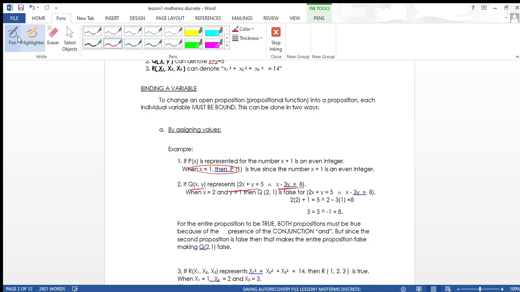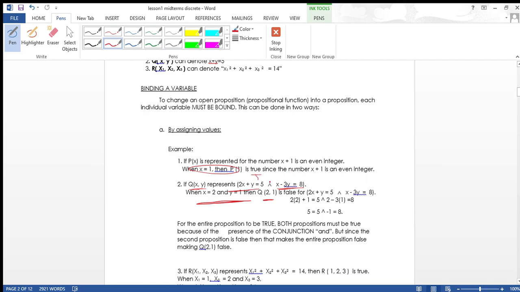So if we will now be assigning our specific value, let's say we can have x is equal to 2 while y is equal to 1. So in functional notation form, q of 2, 1, x is 2, y is 1. So if you now substitute that in your function given, your x is 2, 2 times 2 is 4, your y is 1, 5 is equal to 5. Therefore, this will be true.